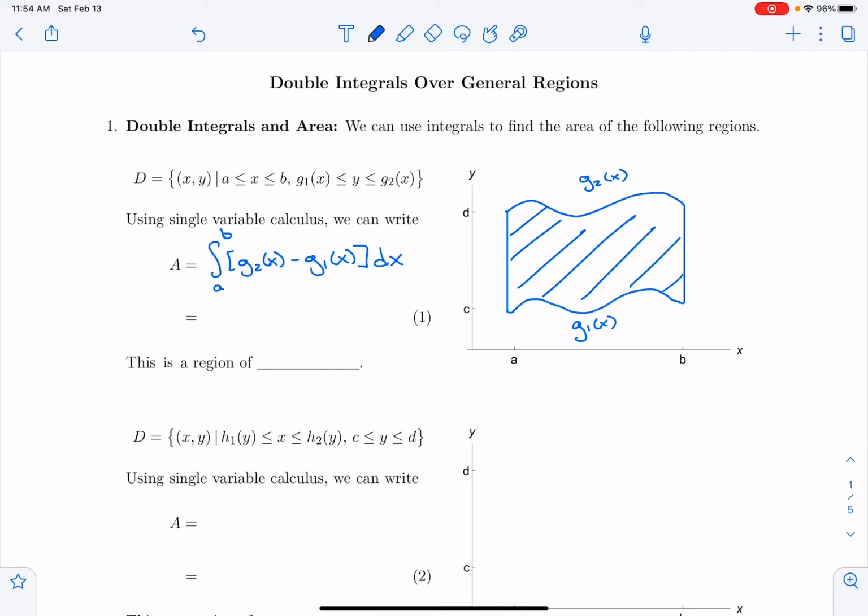But now we can use the fundamental theorem of calculus to rewrite this g2 of x minus g1 of x as an integral from g1 of x to g2 of x, and we're just integrating dy.